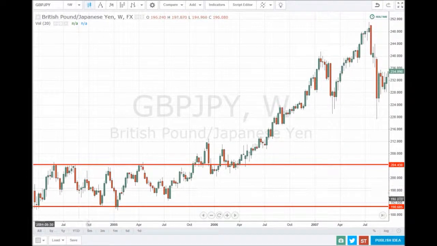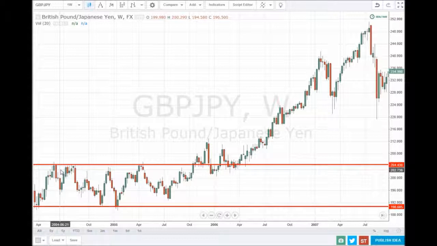You'll notice that price reverses each time at the bottom of the range, but price is at a slightly different level. It's a general area where price is reversing, and the same on the top of the range. Price reverses repeatedly, but it's not exactly at the same level each time. It's just a general area where price is reversing.